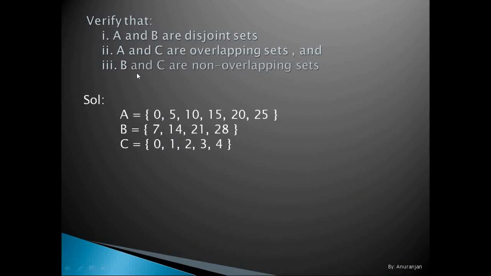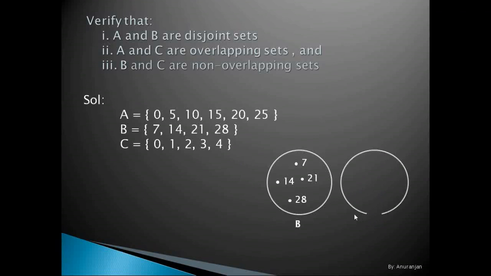So B and C, let's draw set B. So the elements of set B are 7, 14, 21 and 28. Now let's draw set C, and the elements of set C are 0, 1, 2, 3 and 4.